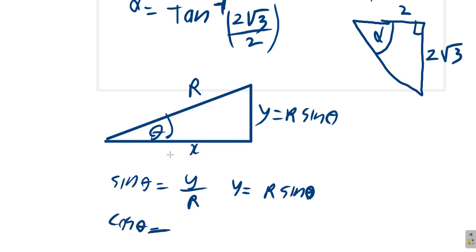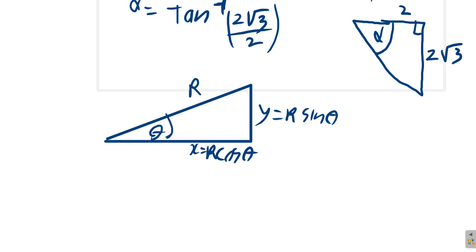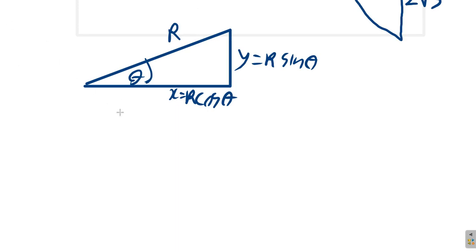Cosine theta is adjacent x over hypotenuse r. So x is equal to r cos theta. So this is r cos theta. Remember that? Now, what we have here is the complex number.